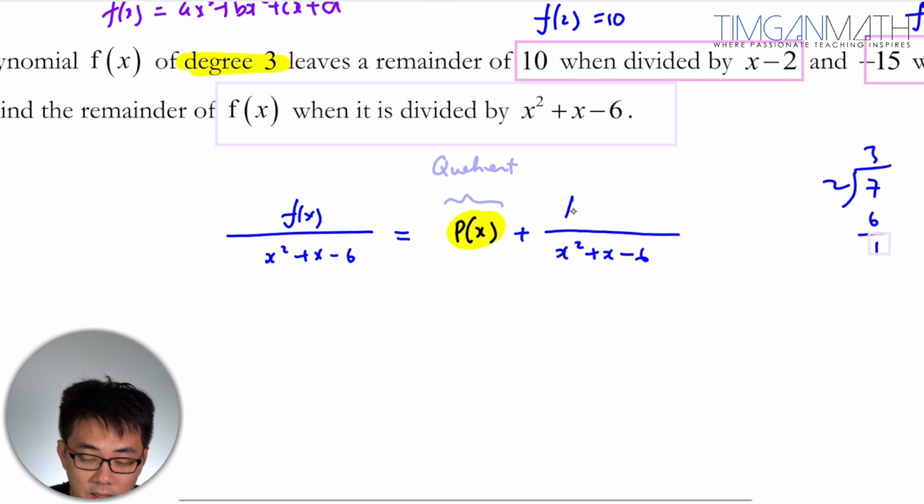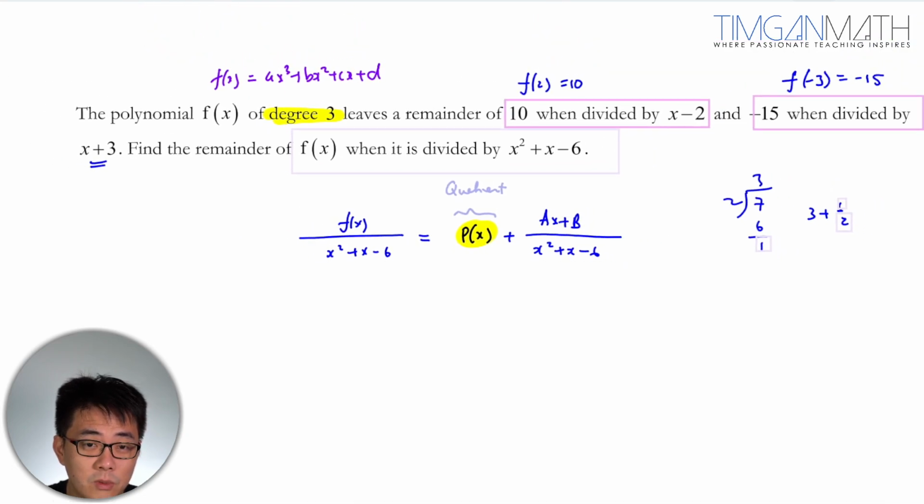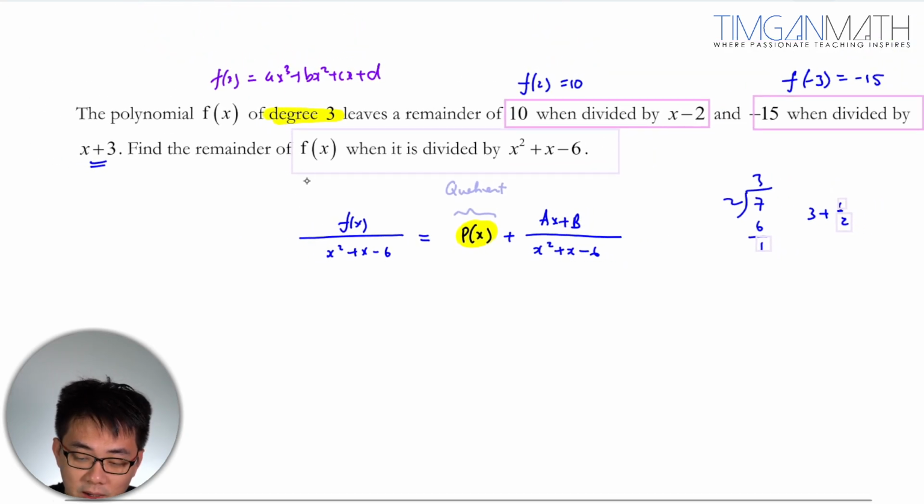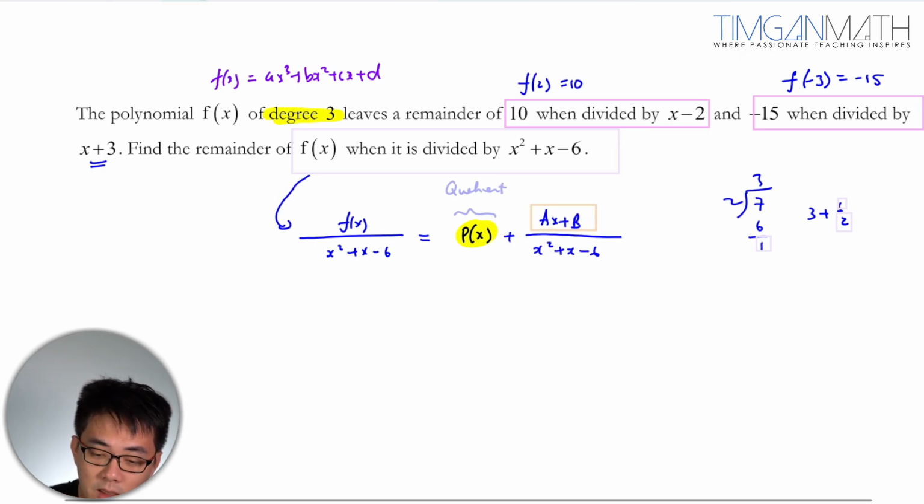So what we'll get is actually ax plus b. We don't really need to worry about this p(x) here, it will settle by itself. So this is what you should be able to tell when divided by this. What we want to find is this remainder here.